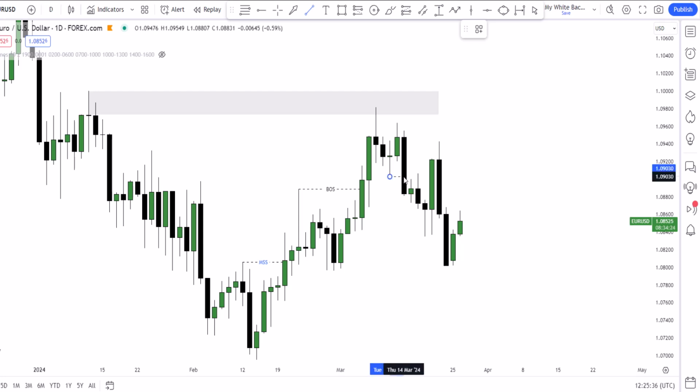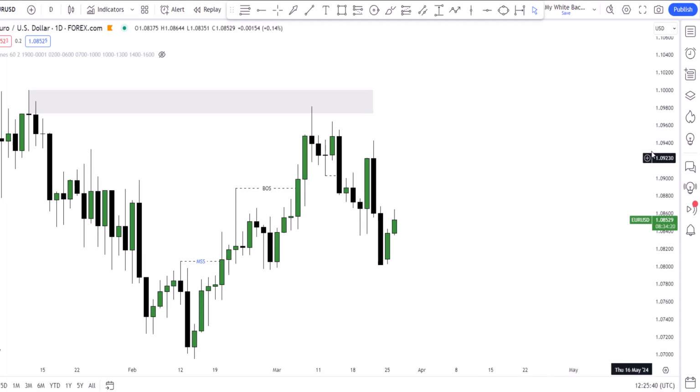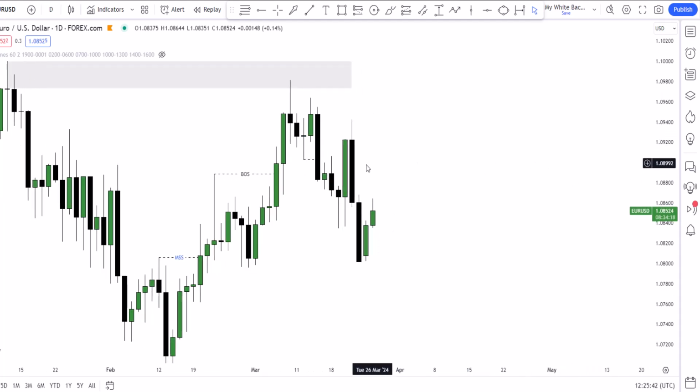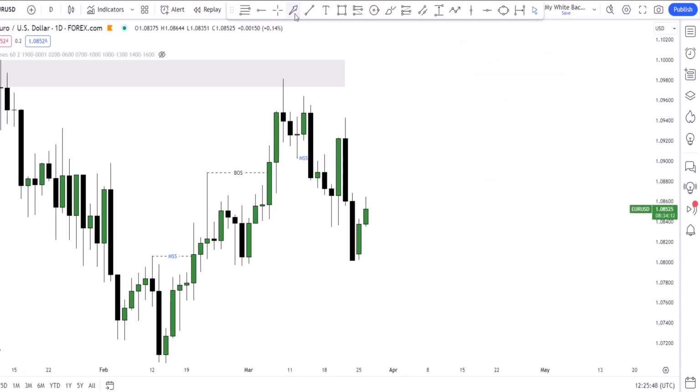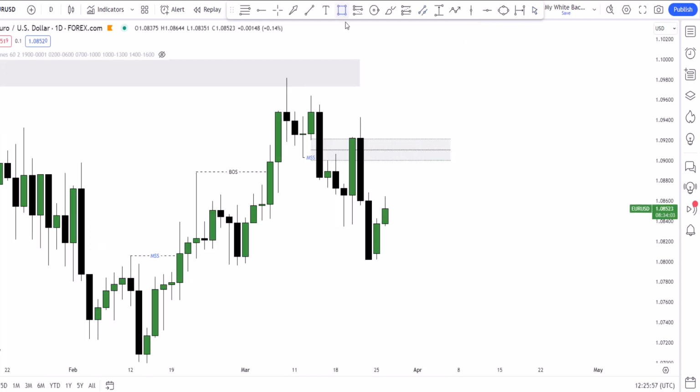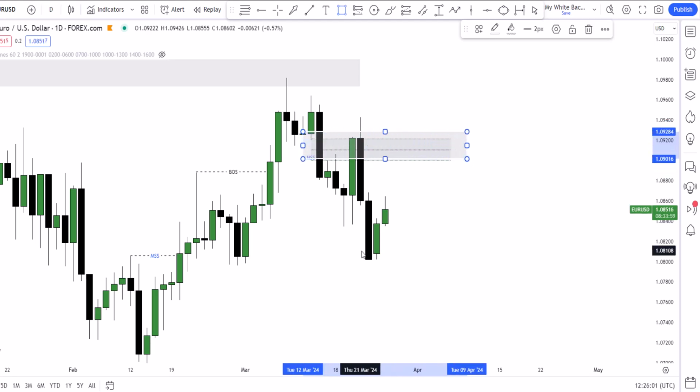This place. Shifting structure to the downside. And price had this shifting structure in such a perfect way, price coming back into this fair value gap and bearish mitigation block, which is this candlestick, price crashing.